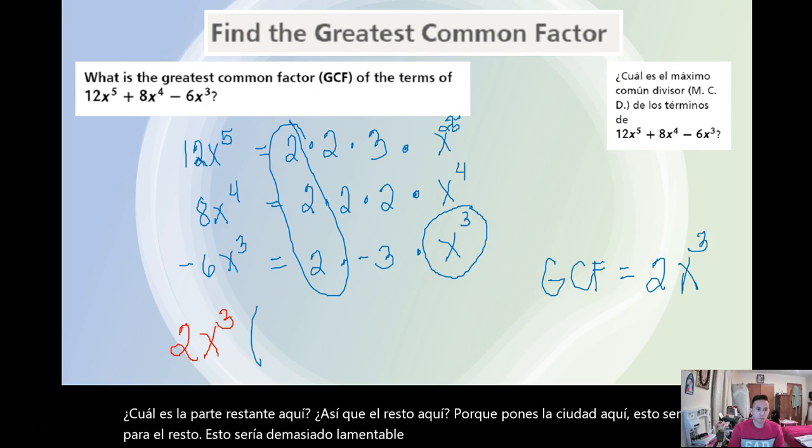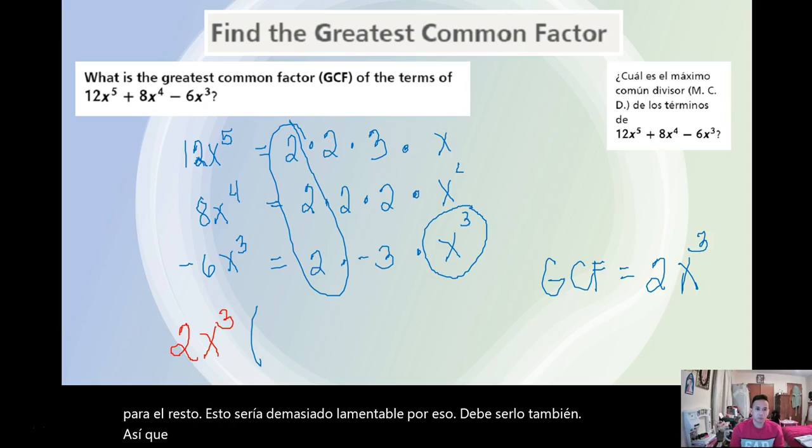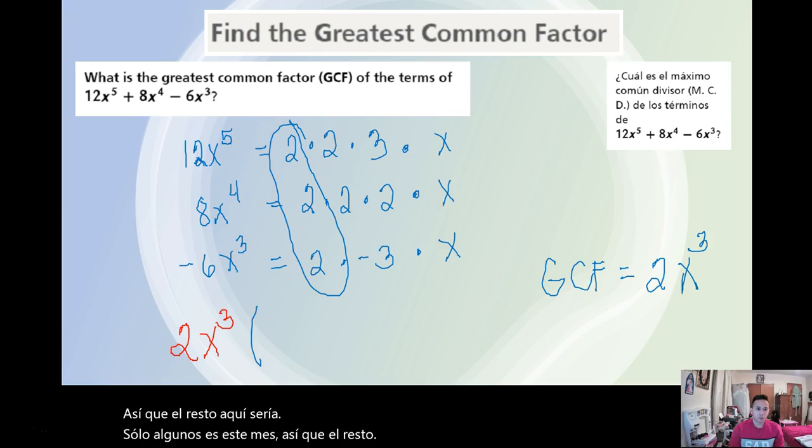It must be 2. So 2 times 3 is 6x squared.